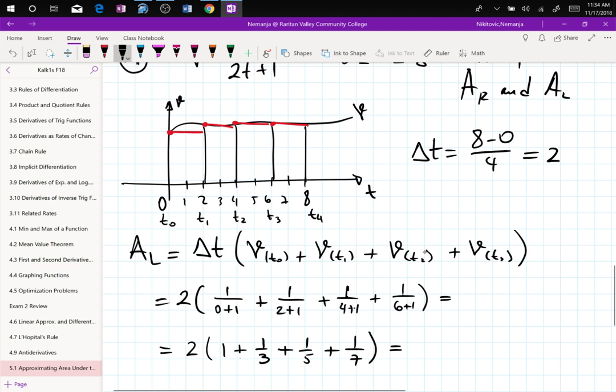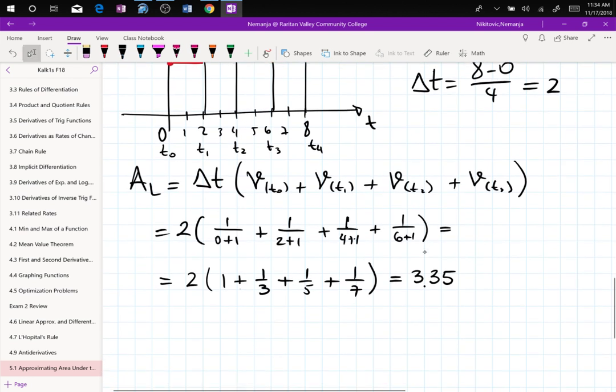You can quickly plow through this using a calculator if you want to, for a total of 3.35. So our left rectangles are suggesting that the area under the curve should be 3.35.